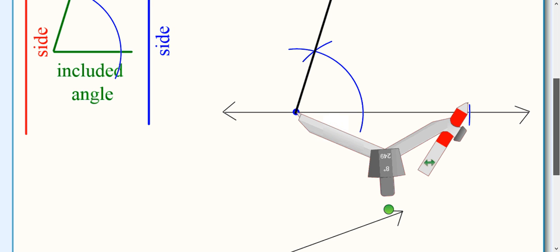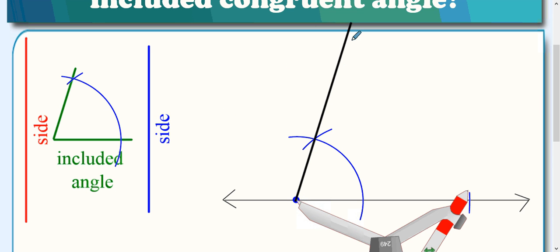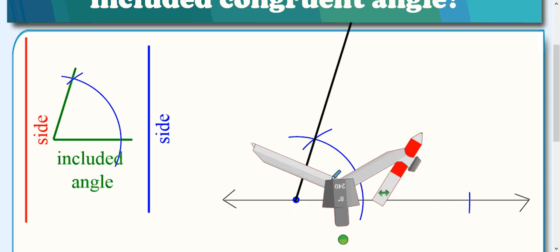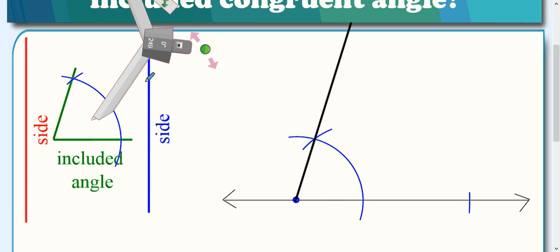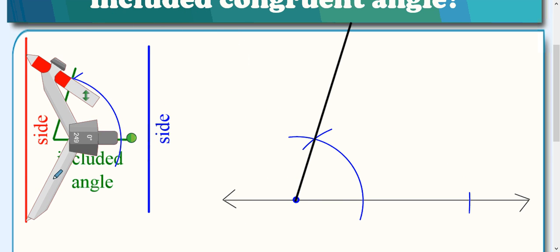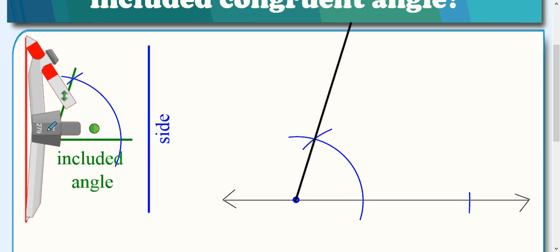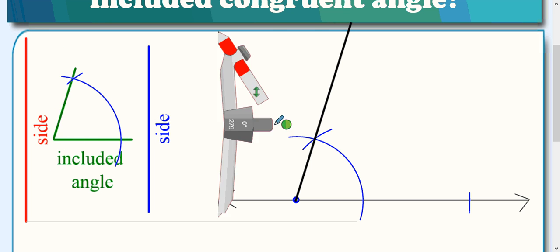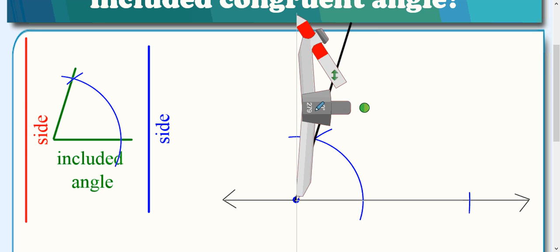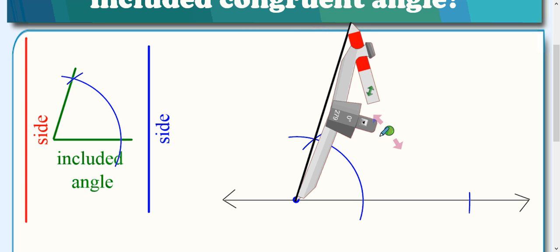Copy the blue side onto the bottom and it ends up over here. Then we're going to copy the red side onto the side that we created over here for the angle. Measure it out. Barely made that long enough.